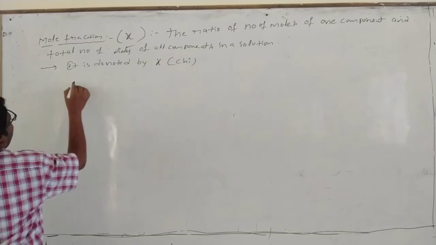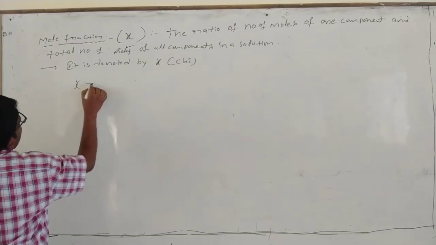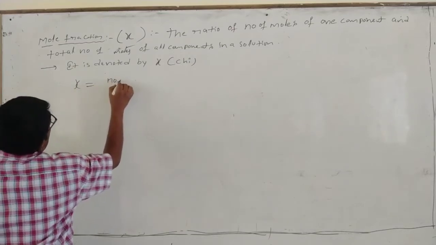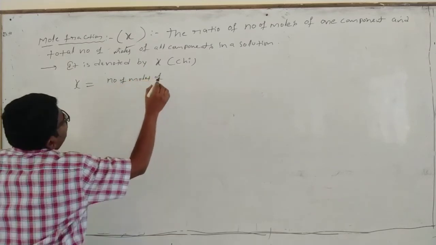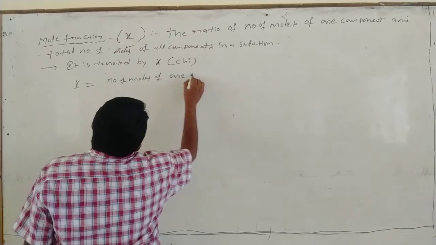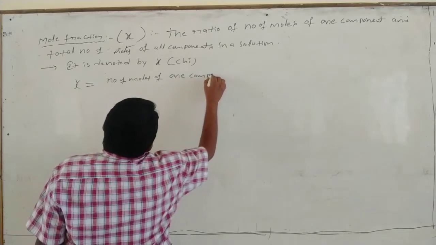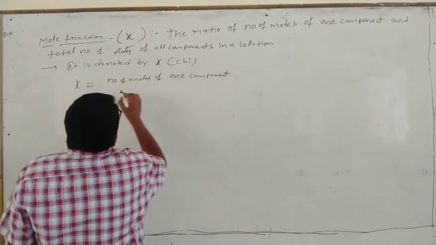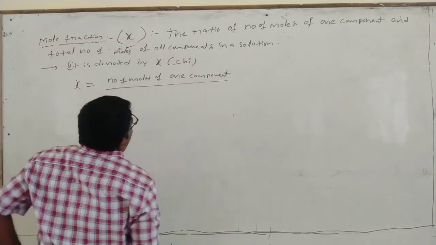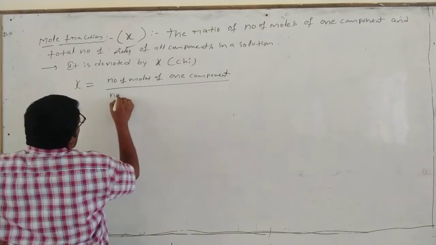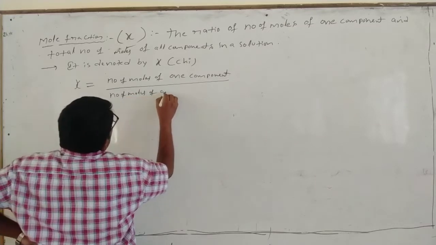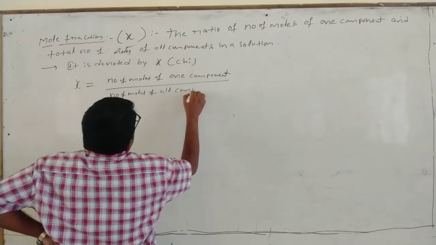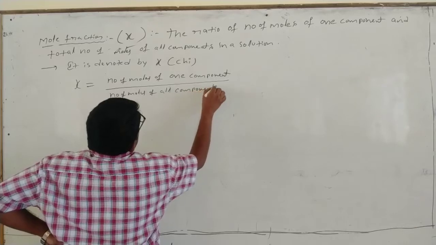So chi is equal to the number of moles of one component by the number of moles of all components.